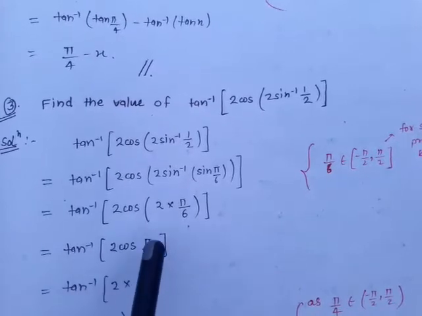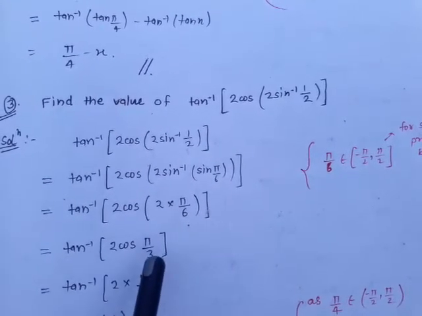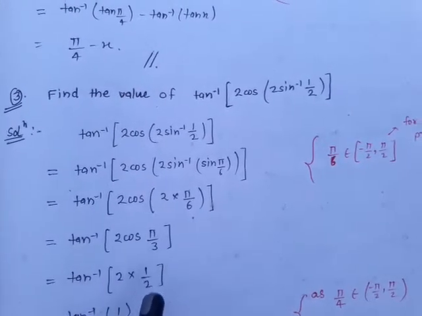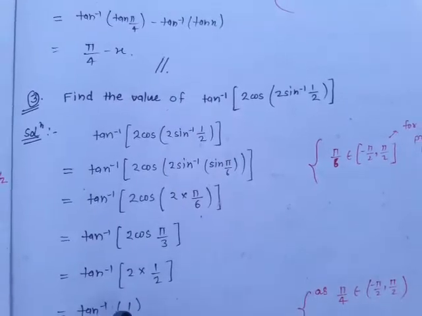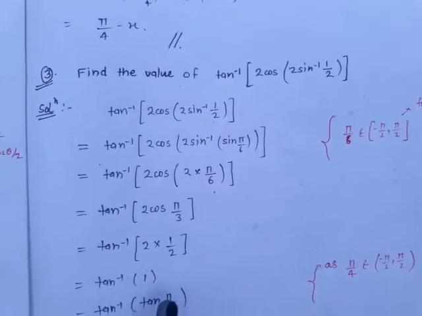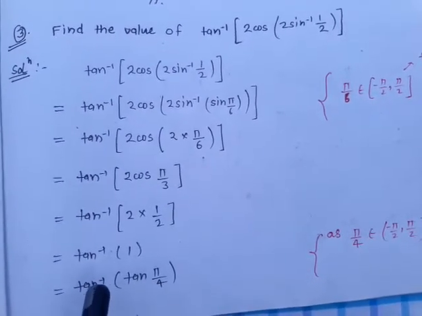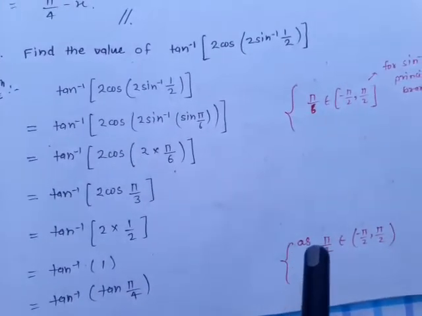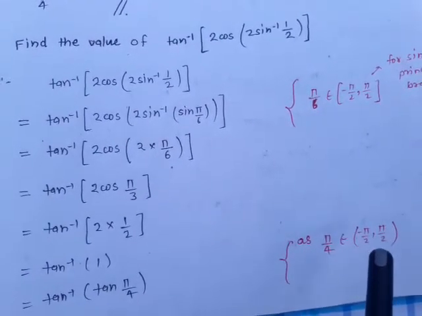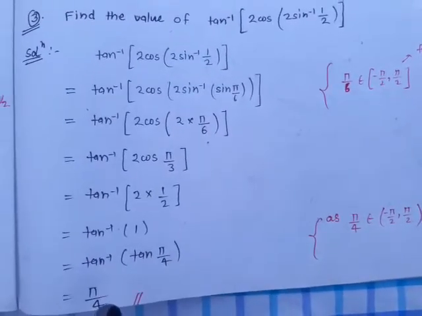Tan inverse 2 cos pi by 3, and cos pi by 3, that is cos 60, is half. So tan inverse 2 into 1 upon 2, 2 cancels out, which gives tan inverse 1. And 1 in terms of tan is tan 45, tan pi by 4, and tan inverse tan pi by 4, where pi by 4 belongs to the range of the principal branch value of tan inverse, minus pi by 2 to pi by 2 in open interval. So it gives pi by 4.